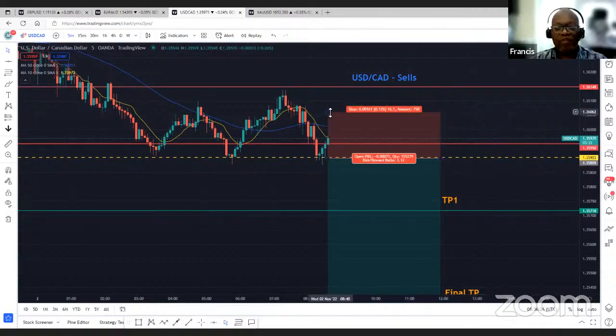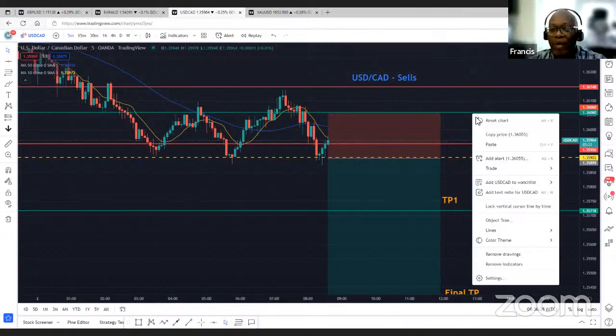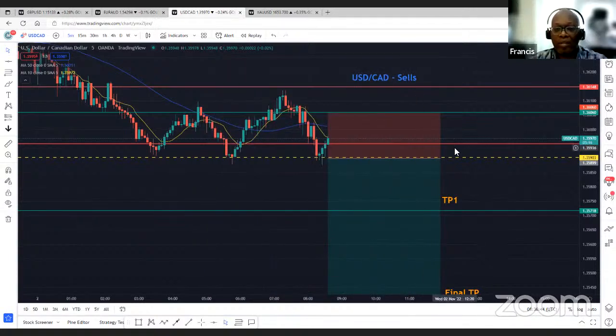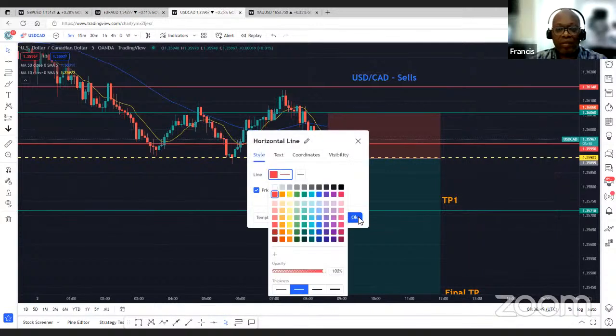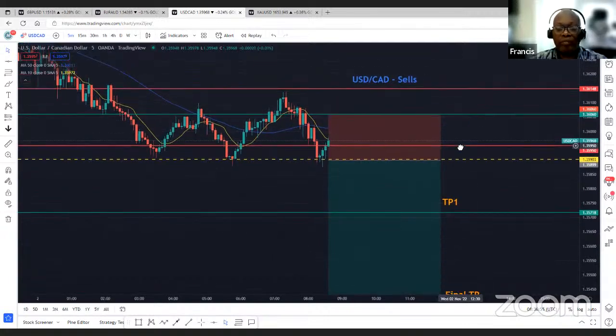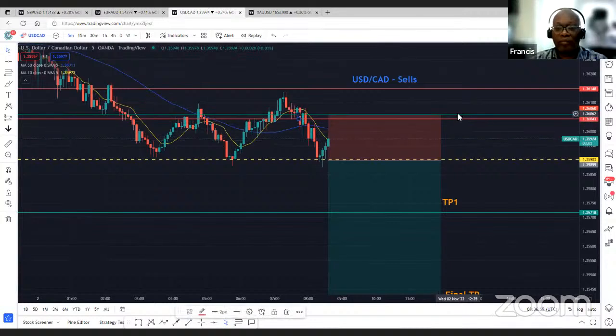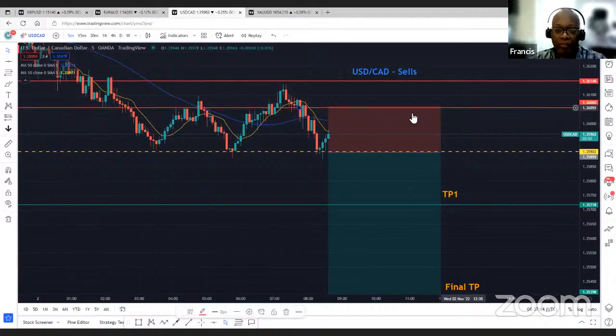So you can see here, I have moved my stop loss down here. Just in case it's a fake out, we will end up risking just 15 pips as opposed to 25 pips. So I've moved my stop loss, guys.